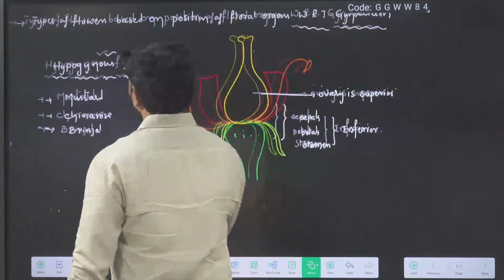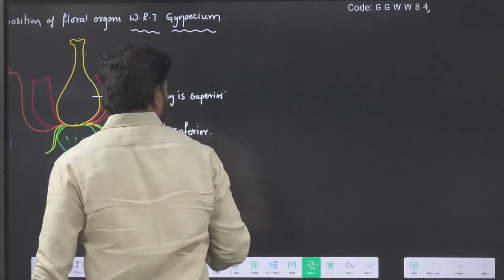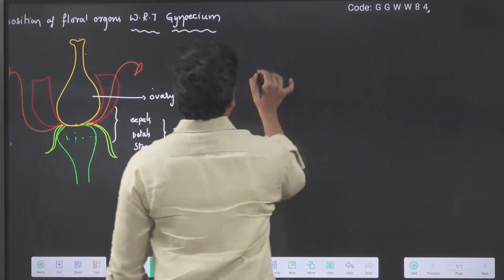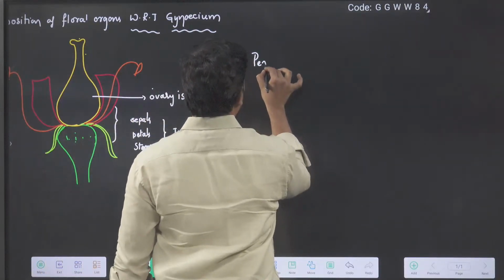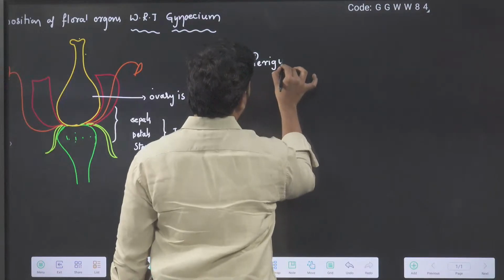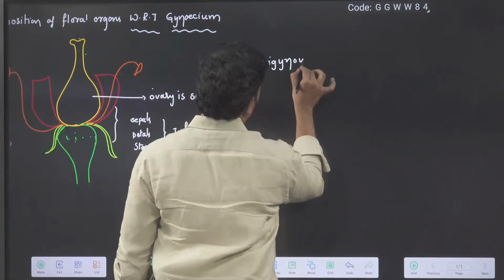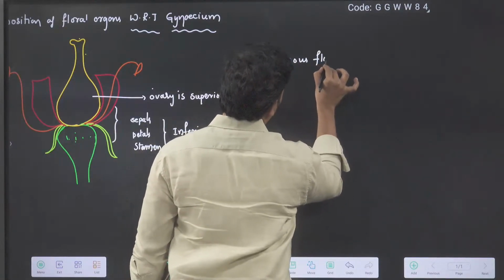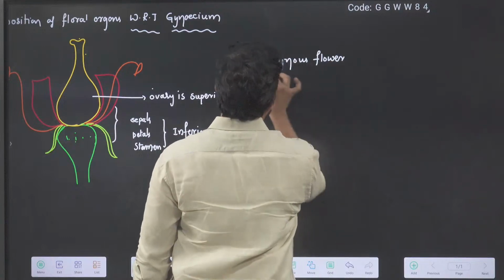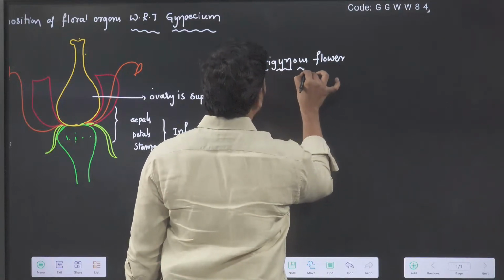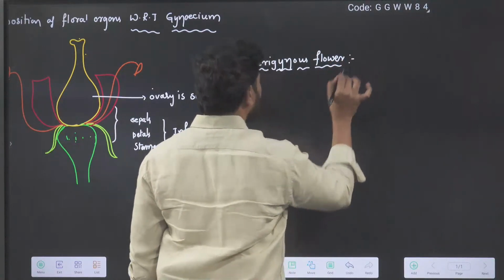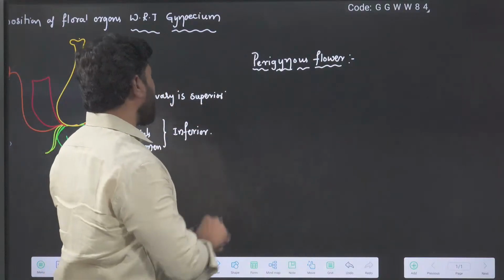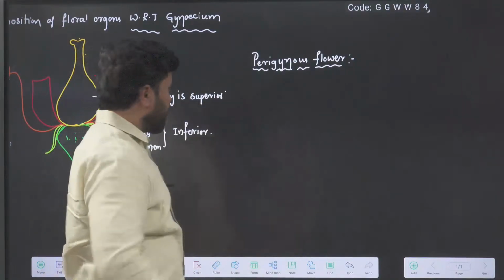Another, the next variety of flower, is the perigynous flower. Tell me, what does the English word peri represent? Peri means around, peripherally, around.